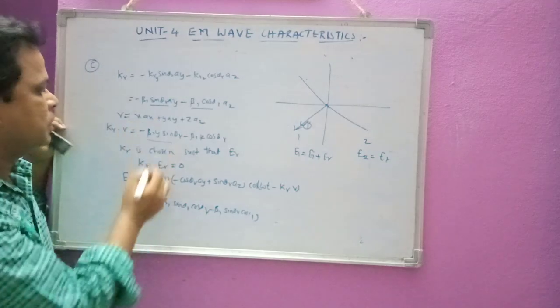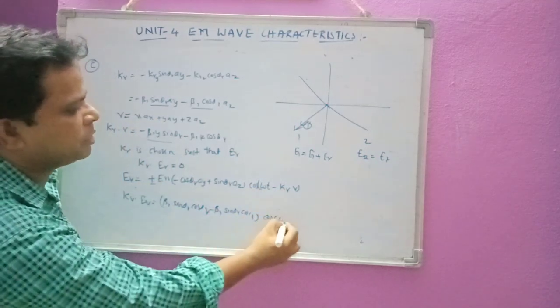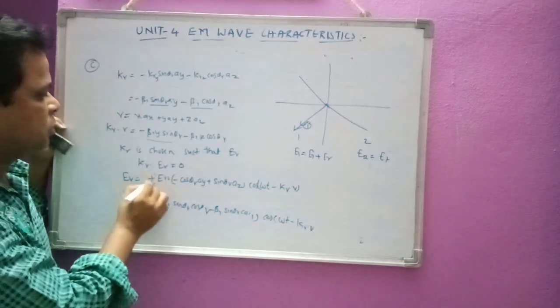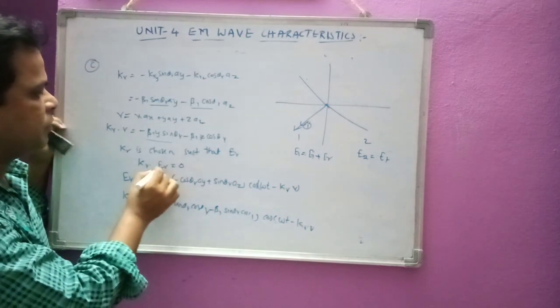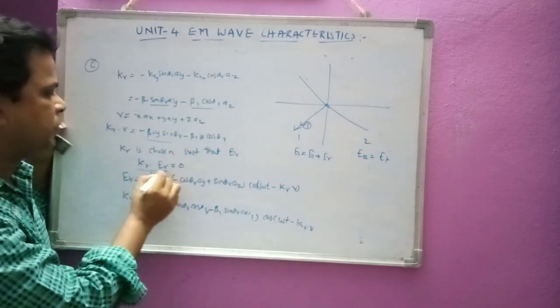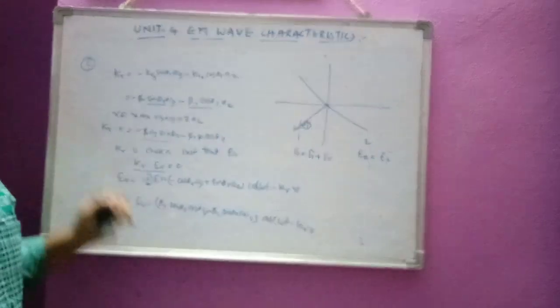ER0 is common, and the factor cos of omega t minus kr dot r is common. So the positive sign will satisfy this. If I take the negative sign, it will not be equivalent to 0. So we have to check the condition that kr dot ER should be 0.